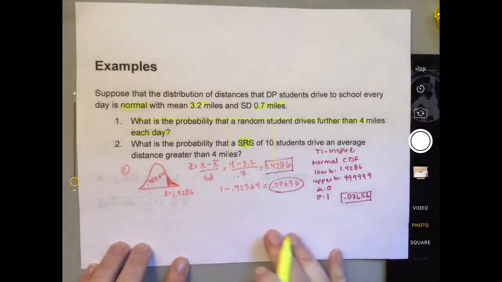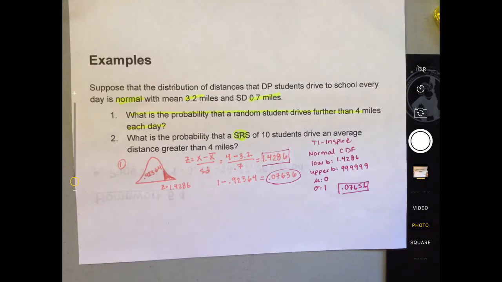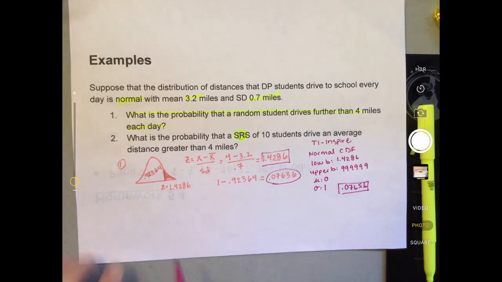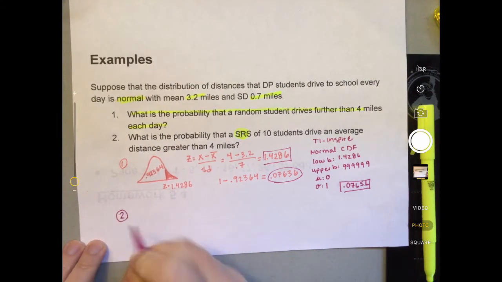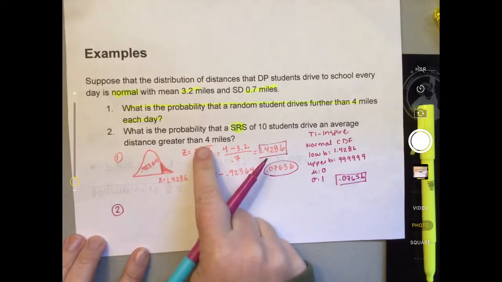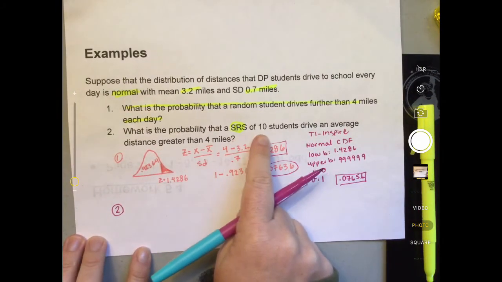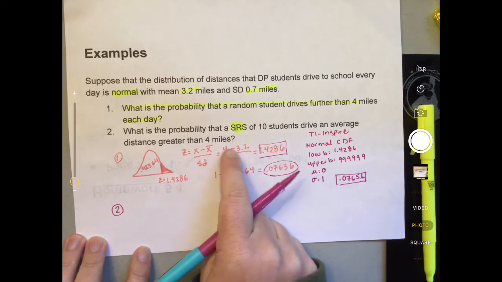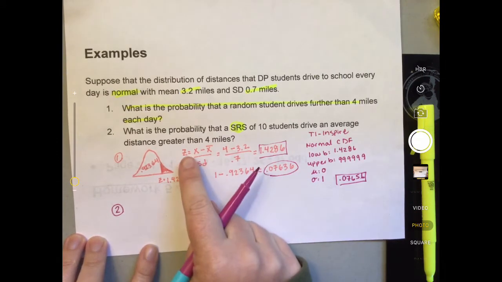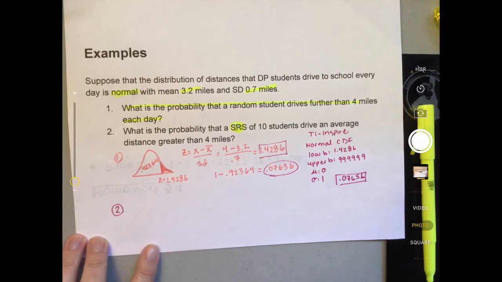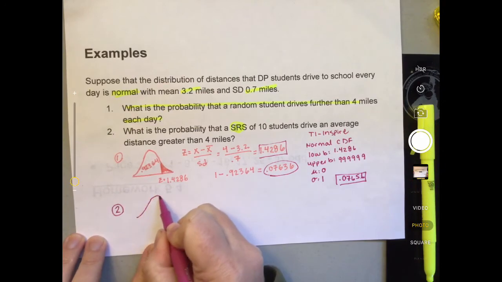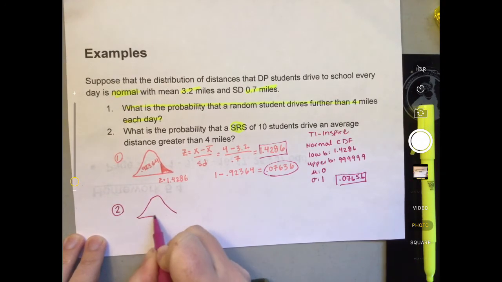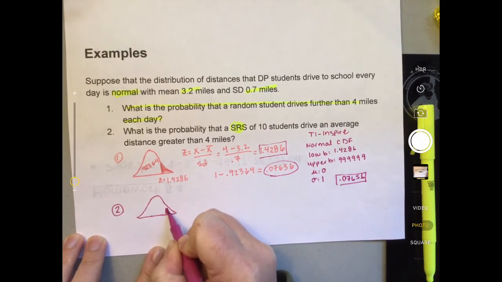When you see this, you know you are going to need to change the standard deviation. So essentially this is the same problem, but now it's taking an SRS of 10 students, but we still want to find what is the probability that the distance is greater than 4 miles. Okay, but our z-score is going to change here.